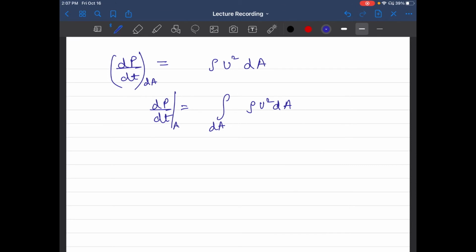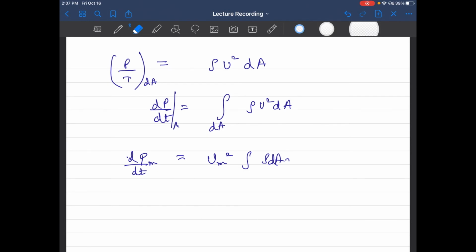Similarly, we can calculate the average rate of change of momentum with respect to time for that entire cross section using average velocity as Vm square rho dA. Here I should not use integral notation. We are saying momentum per unit time, and here we are saying momentum per unit time over cross section A, and that's where this integral is coming from.